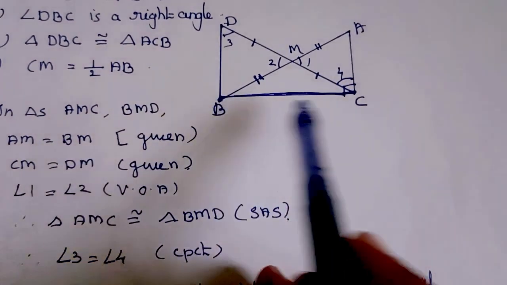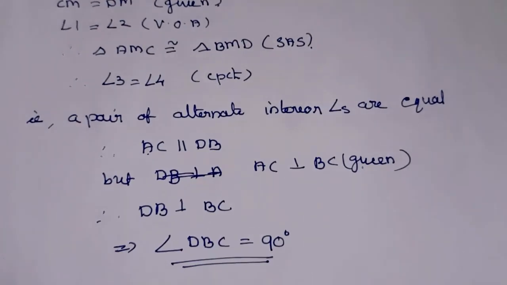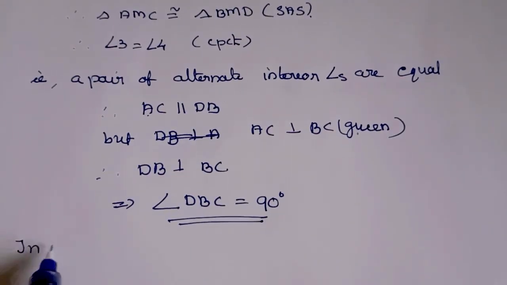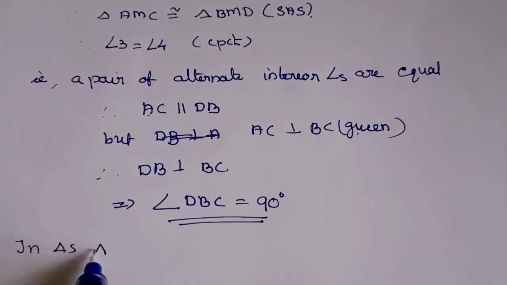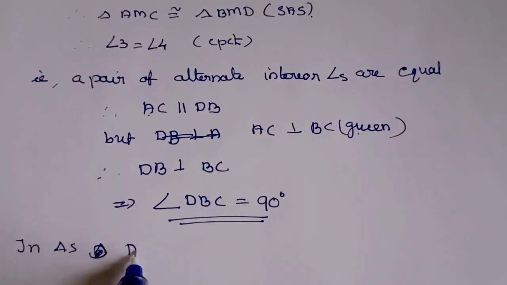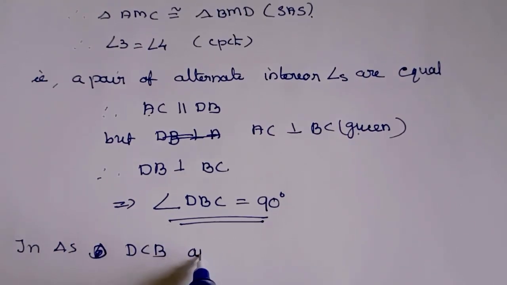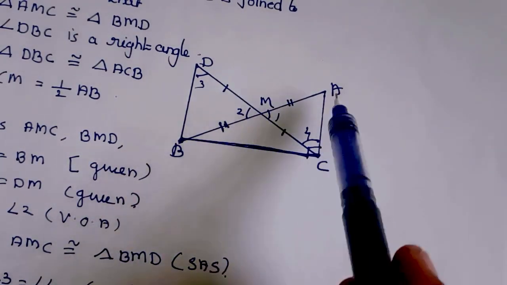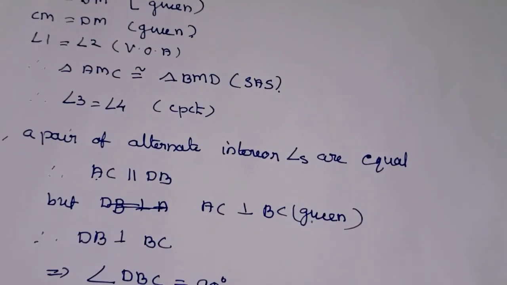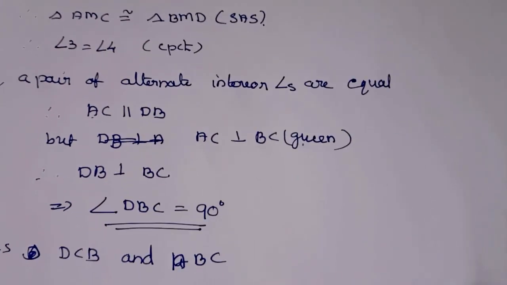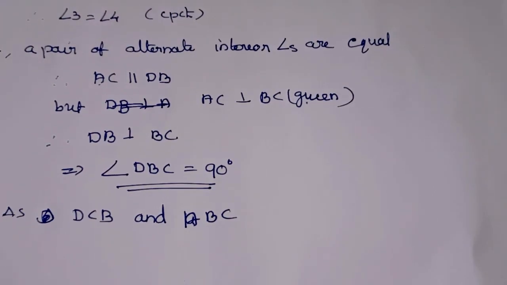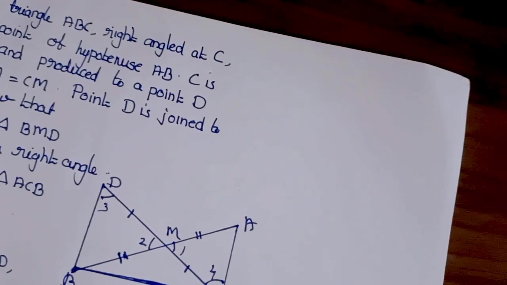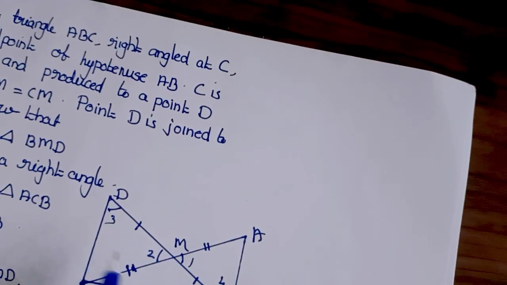In triangles DBC and ACB, we have angle 3 equal to angle 4, reason proved.